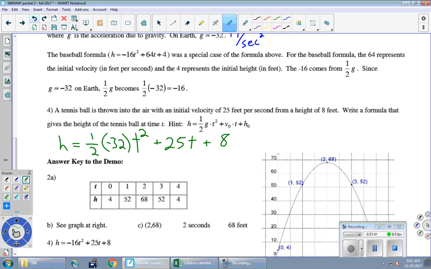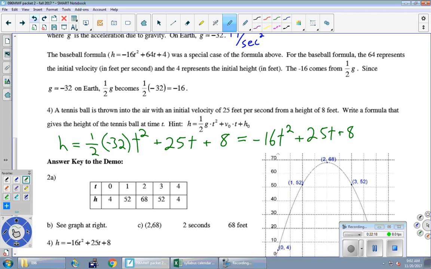We changed the v sub 0 into the number given in the problem, and we changed the h sub 0 into the number given in the problem. The 25 is touching the t. Yeah, that's it. The only other thing to do is to multiply the half and the negative 32. So we'll just do that one last step, and this one is done. And there you go. So that is the height of this tennis ball at any moment in time.